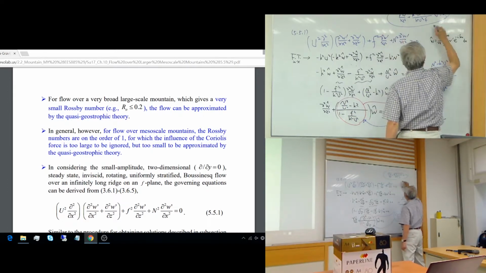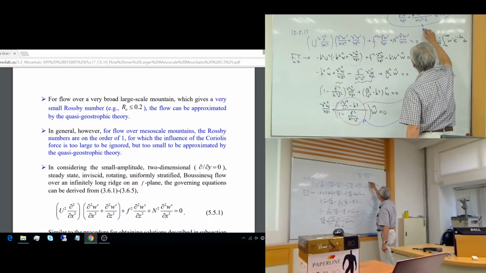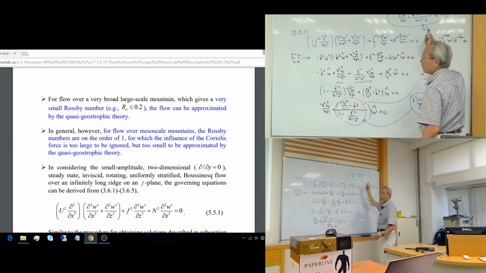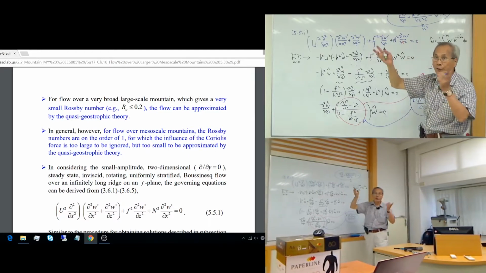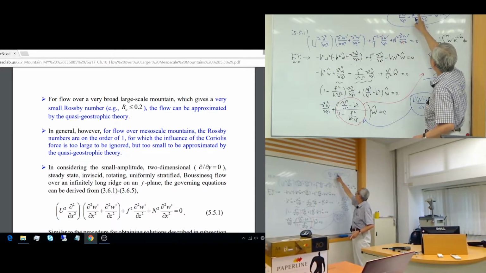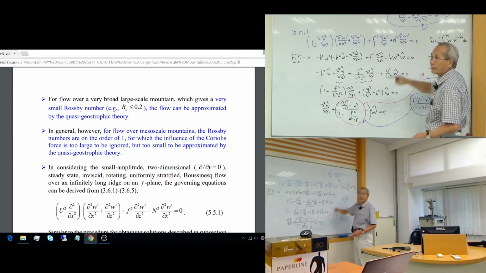Okay. So if this is defined as m squared, you can solve it like before. It's just a more complicated situation because we have one more parameter. So we have N, k, U, and f.